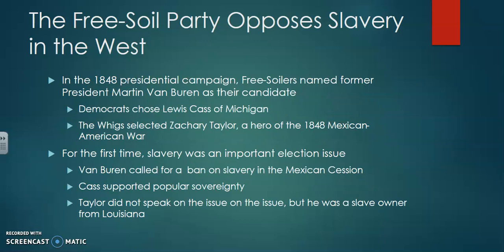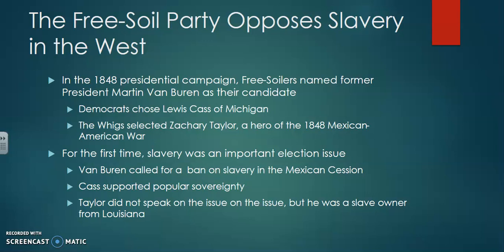So in the 1848 presidential campaign, Free Soilers will name former President Martin Van Buren as their candidate. Democrats will choose Lewis Cass of Michigan, and the Whigs will select Zachary Taylor, who's a hero of the Mexican-American War. For the first time, though, slavery would be an important election issue. Van Buren would call for a ban on slavery in the Mexican Cession.